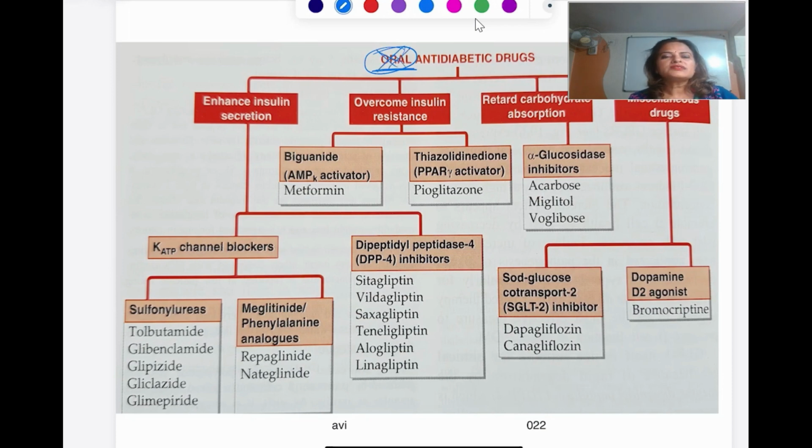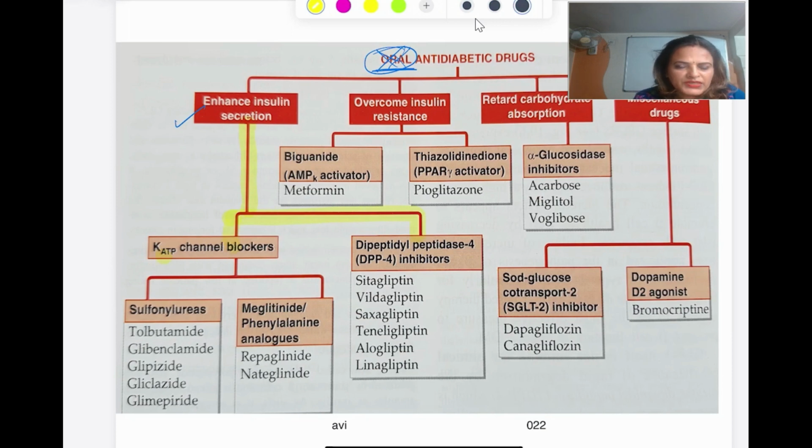If you are writing those drugs also under the classification, then omit this word oral. Okay? So classification of the anti-diabetic drug is very important. And remember, if they have asked oral anti-diabetic, then don't write GLP-1 analog and pramlintide. Okay? So oral anti-diabetic drugs, depending on the mechanism of action, act by enhancing the insulin release. You can see here I have already covered the oral ones.